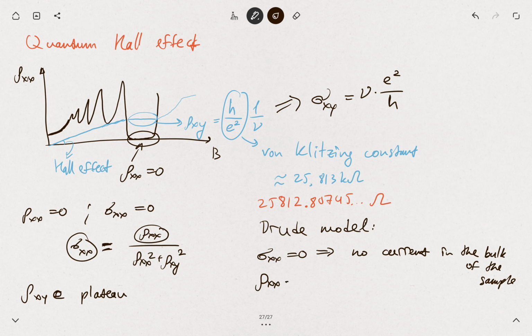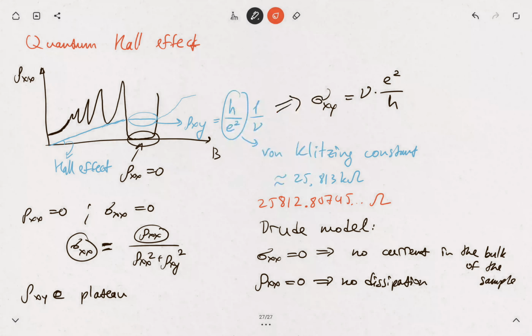And the rho xx equals 0 means there's no resistance, so there is no dissipation. And these two descriptions sort of conflict with each other. One says that there's no current in the bulk, and the other one says there is no dissipation, so there's no resistance.